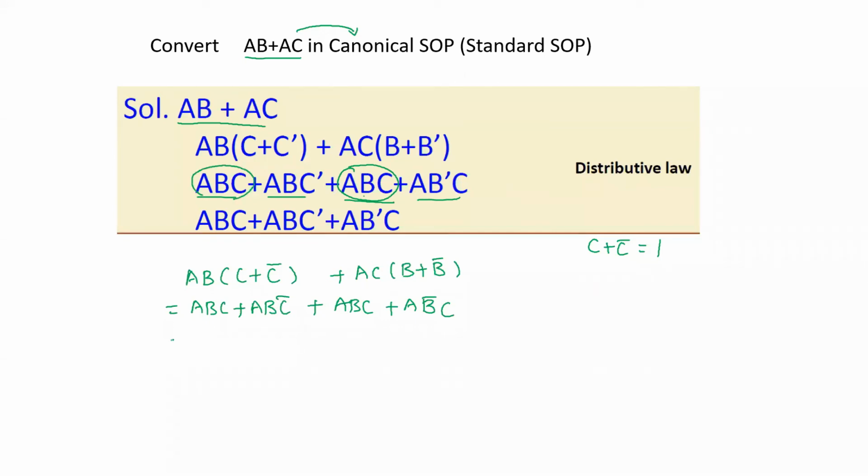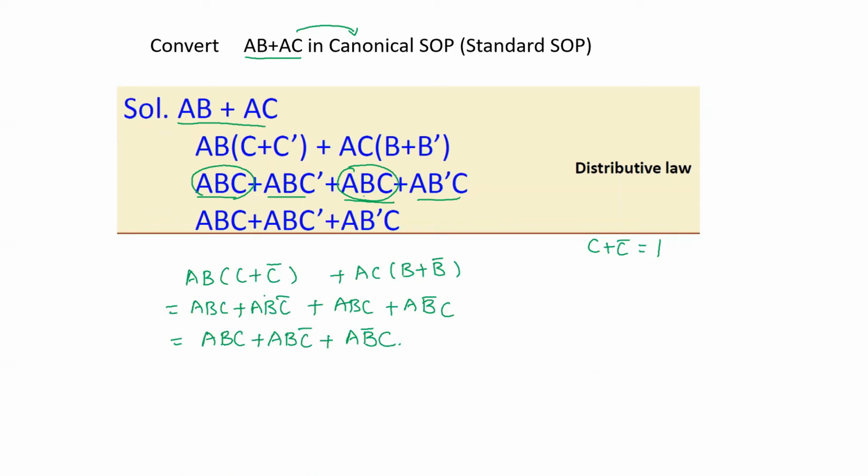So it will be taken out of the picture and you end up with ABC plus ABC bar plus AB bar C. So this is the expression you end up with. So this is how you can represent a non-standard form in standard form.